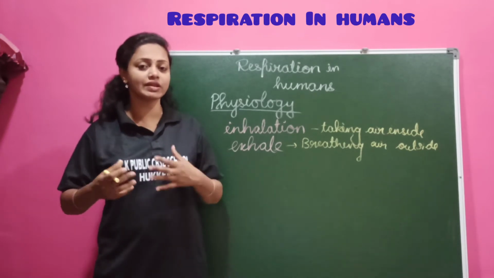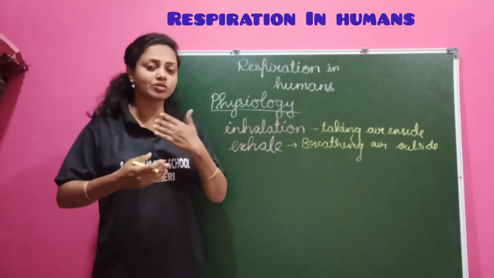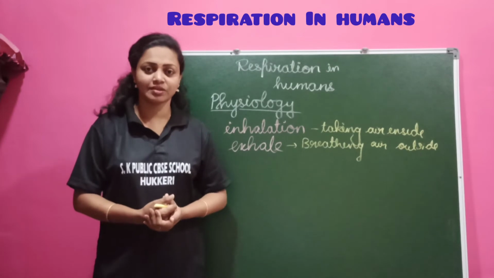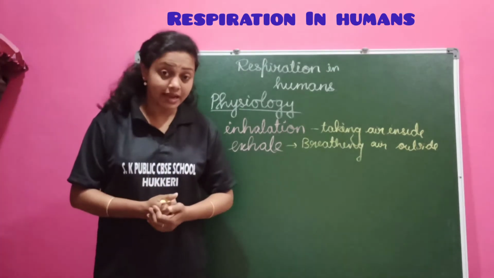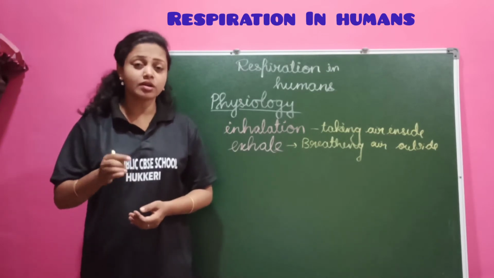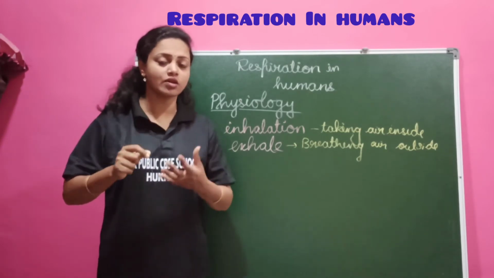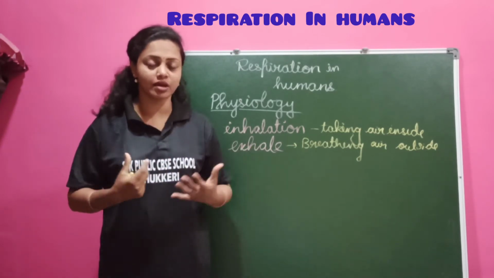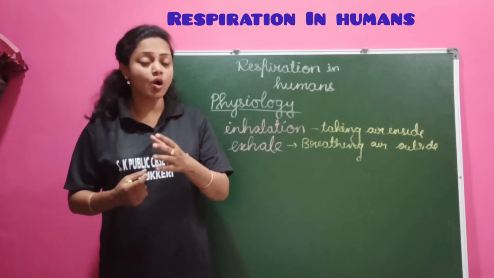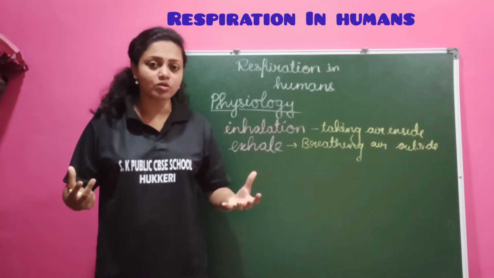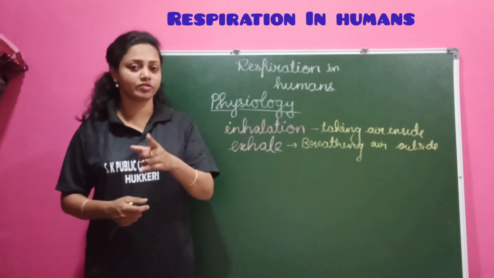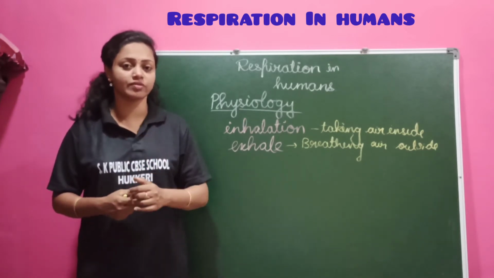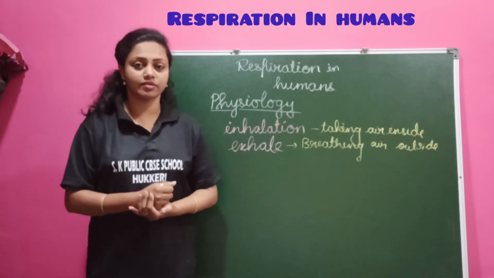The blood vessels absorb it, meaning a diffusion process takes place here. For example, when you put a drop of ink in water, it spreads around. In the same way, oxygen spreads around and gets absorbed by the blood vessels. That is called the diffusion process in breathing.